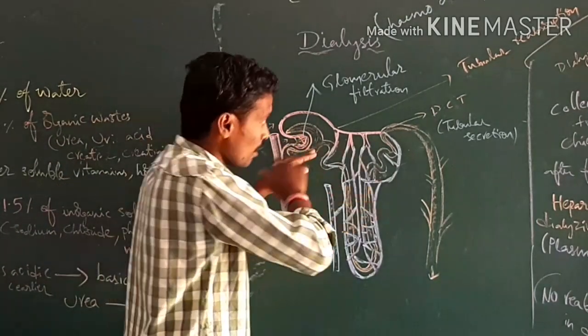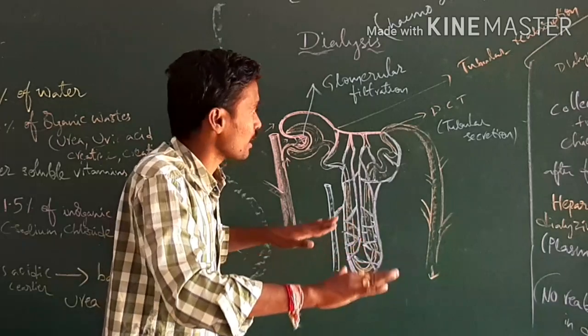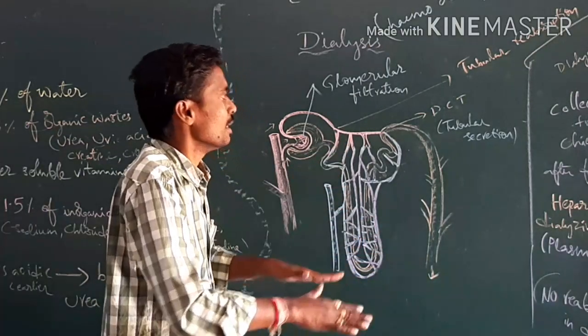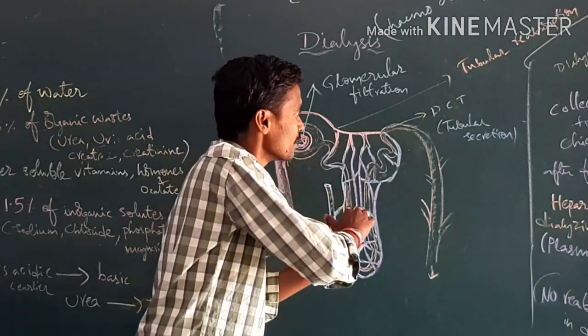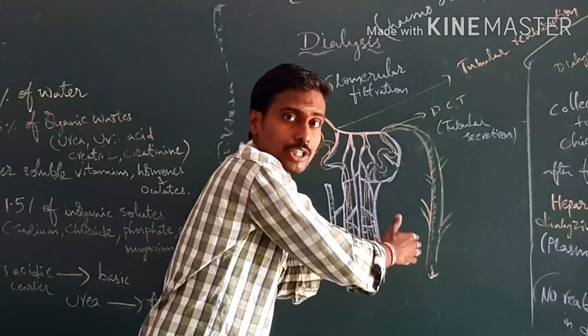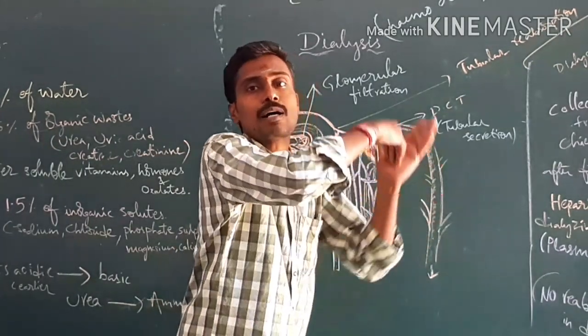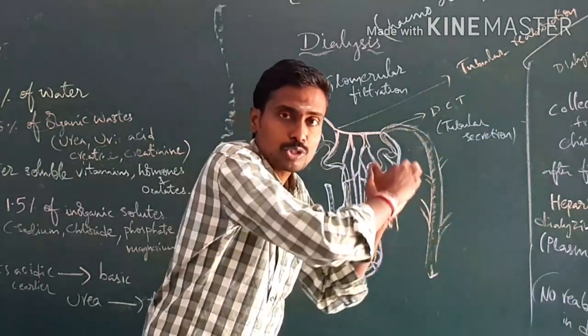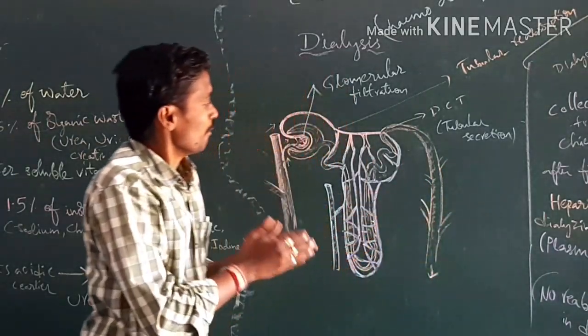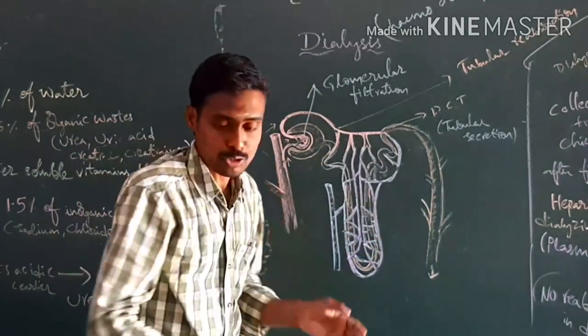Later, after the completion of filtration, absorption and secretion, all the material reaches the collecting tubule and passes into the ureter.